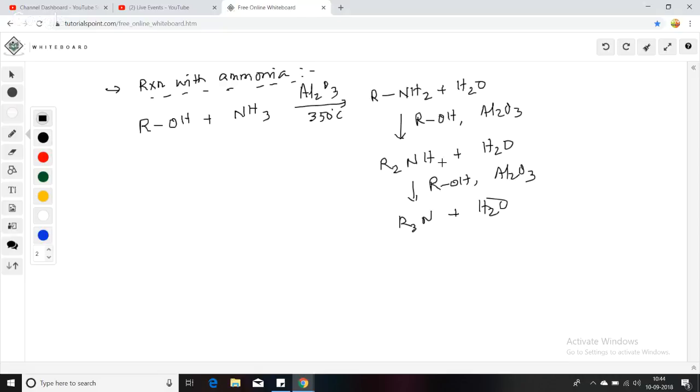Now in this you see we are getting here, this one is 1 degree amine, it is 2 degree amine, and this is 3 degree amine. Okay, so this is the preparation method of amine here. Okay, 1 degree, 2 degree, 3 degree amine that we already have seen in the amines chapter.